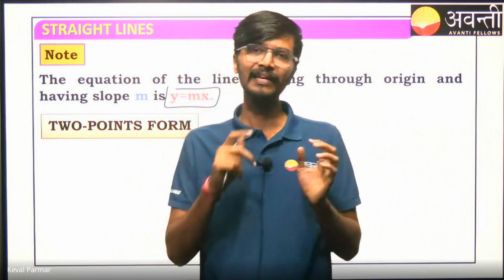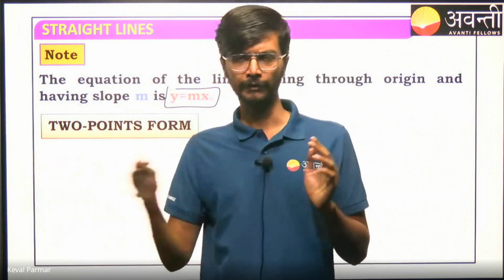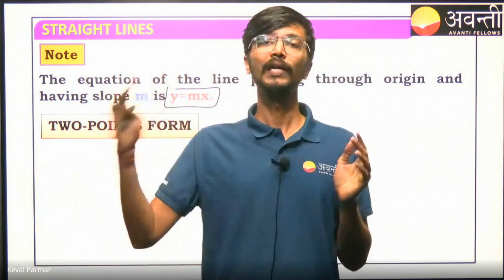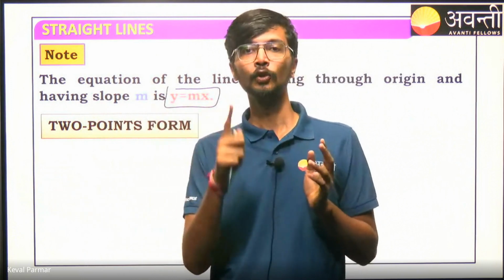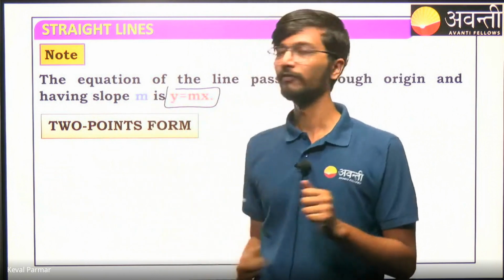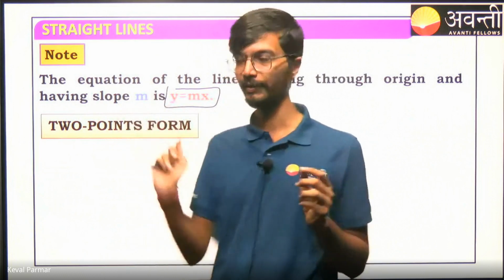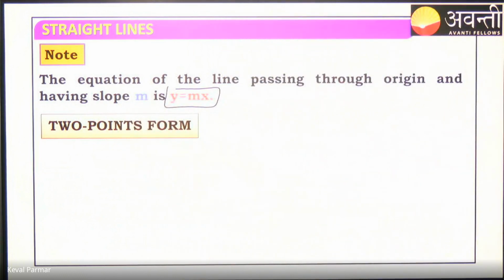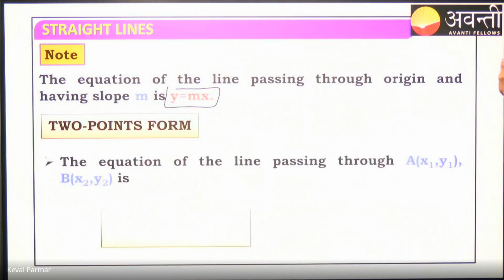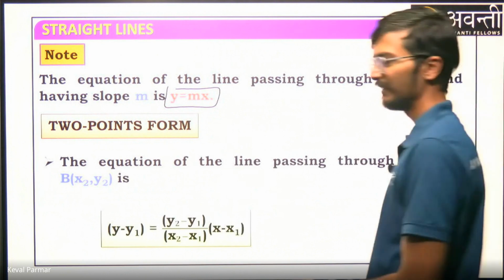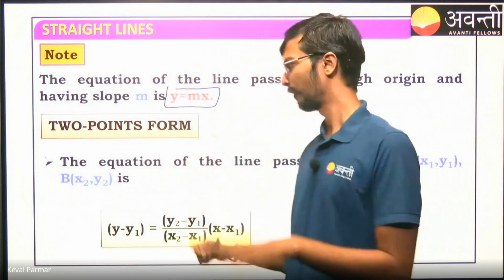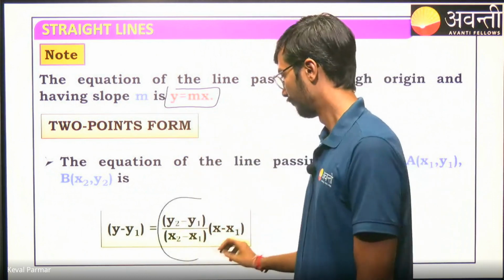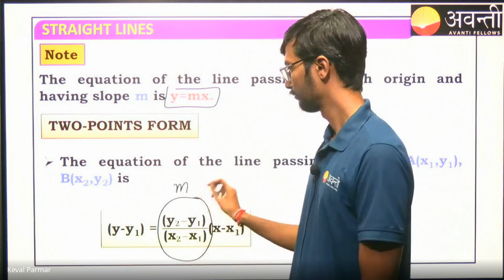As I said, every equation of a line is derived from slope point form. So obviously two-point form will also be derived from slope point form. So here is the equation. As you can see, it is the same as slope point form. Why? Because we know that this is the slope.